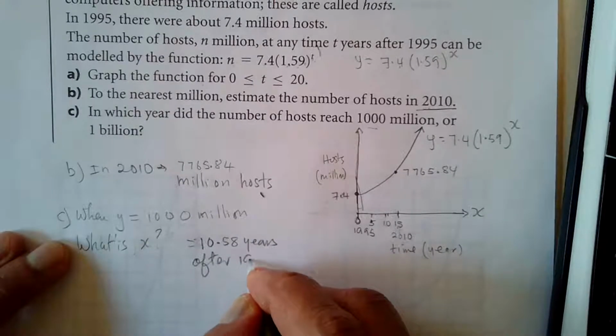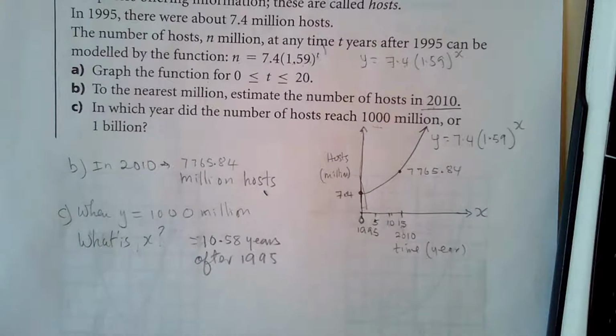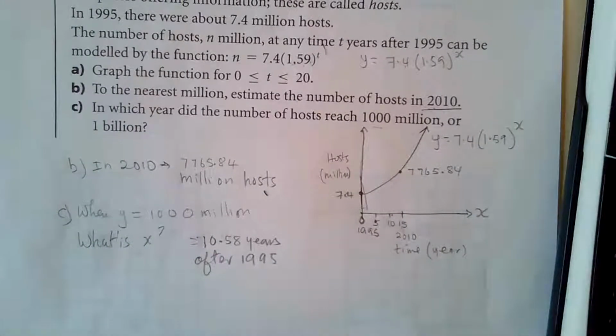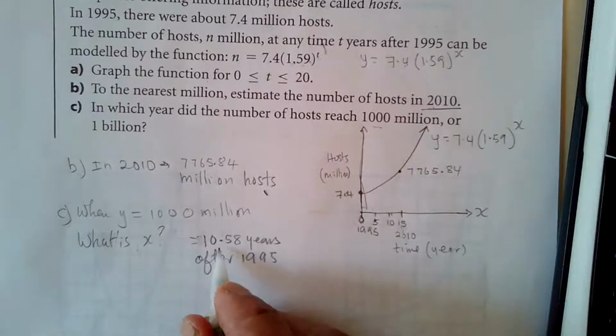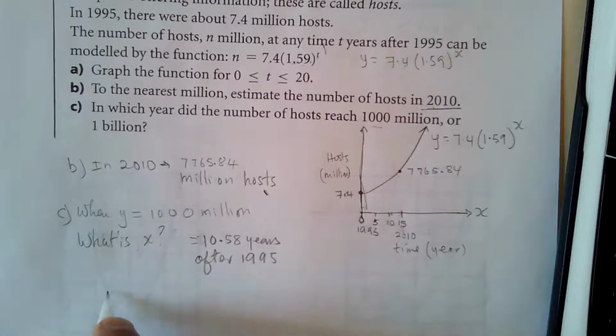After 1995. So if we add 1995 to this, will give us what? 2006 approximately, so it will be in the year 2006.